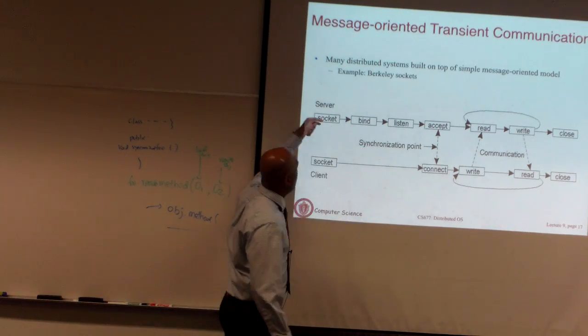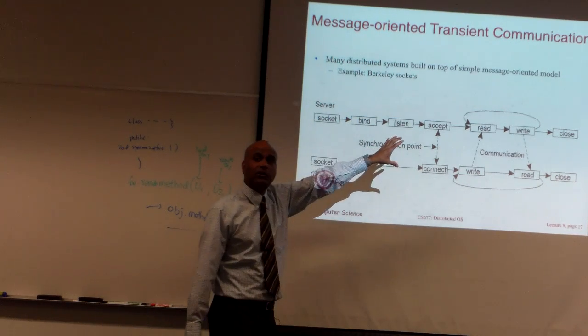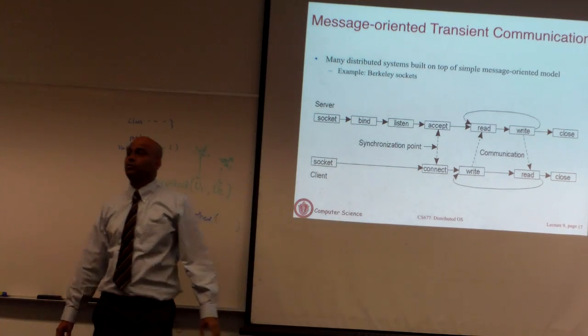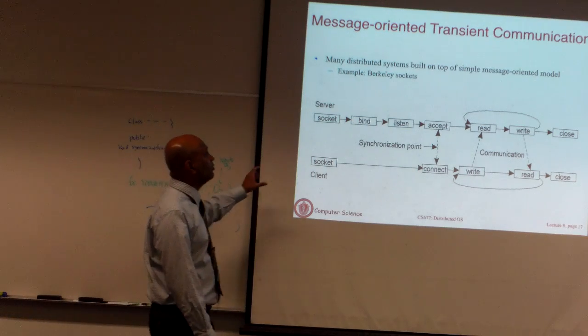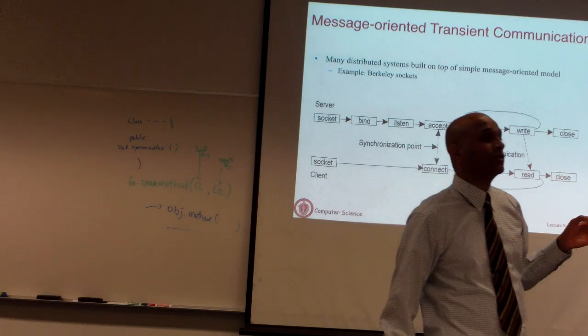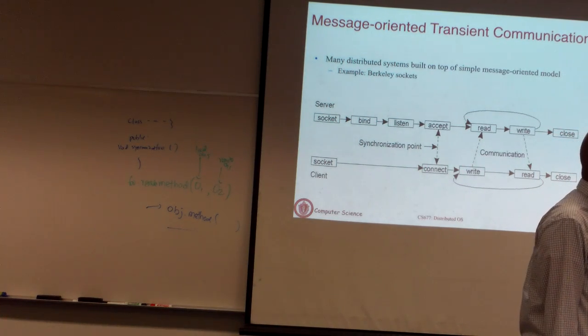Okay, so the top part of the figure shows the code in the server, and the bottom part of the figure shows you the code that the client executes. In both cases, what you will have to do is first create a socket. A socket is essentially a network abstraction that allows you to send and receive messages.